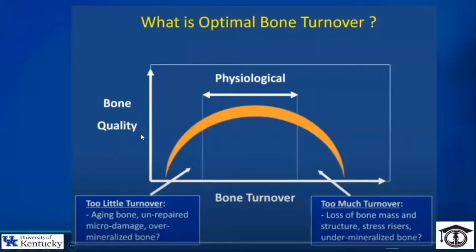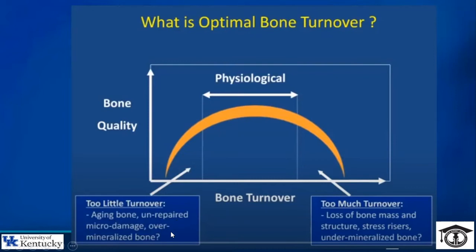What happens in CKD patients is they tend to have either low or high bone turnover. So this physiologic bone turnover is rarely found in our CKD patients. When they have too little bone turnover, there will be low turnover bone disease or adynamic bone disease, and this will induce premature senility of their bone, unrepaired micro damage, and over-mineralized bone.